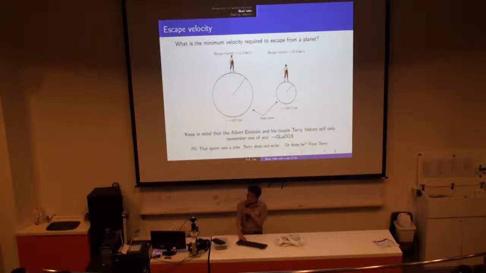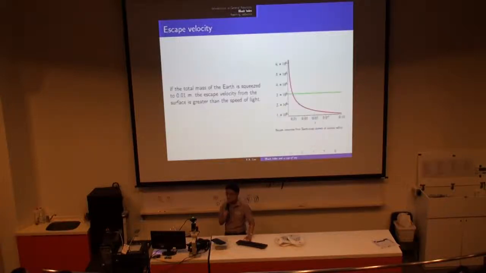So imagine now, let's continue squeezing. Keep on squeezing and squeezing and squeezing. And we can actually know that for whatever size you squeeze in, the escape velocity becomes higher and higher. And we can imagine if you keep on squeezing all the way until a small size, the escape velocity becomes higher and higher until eventually the speed is so high, it is the same as the speed of light.